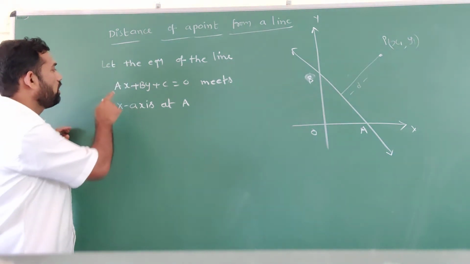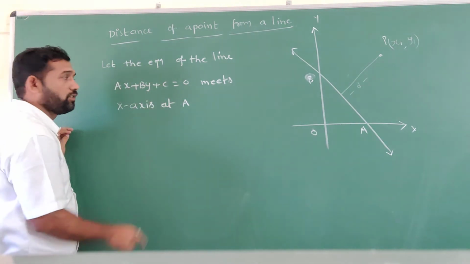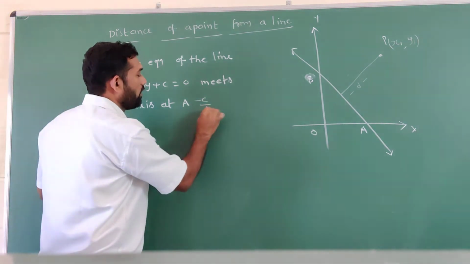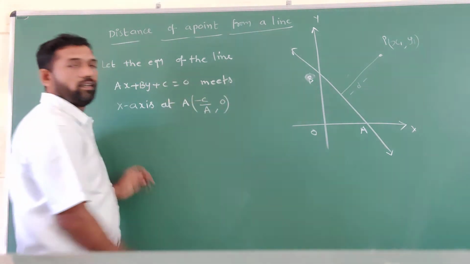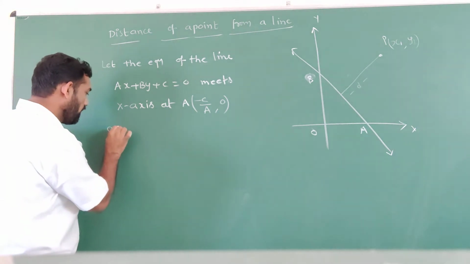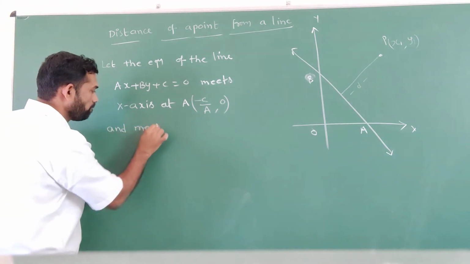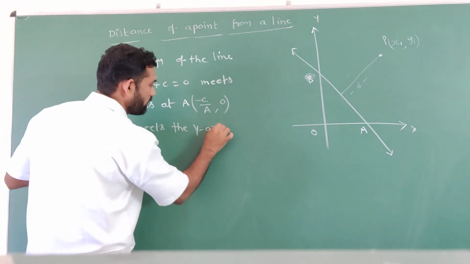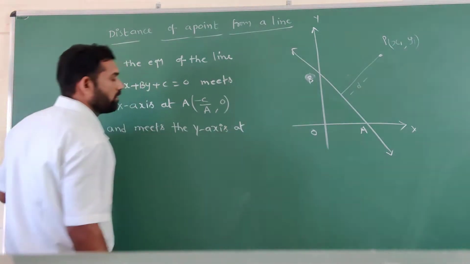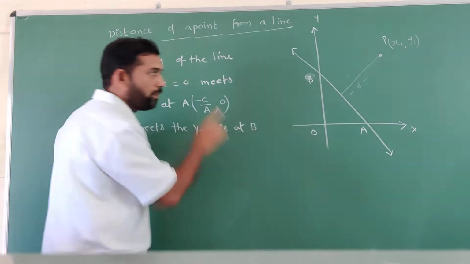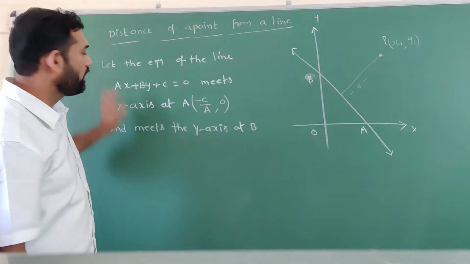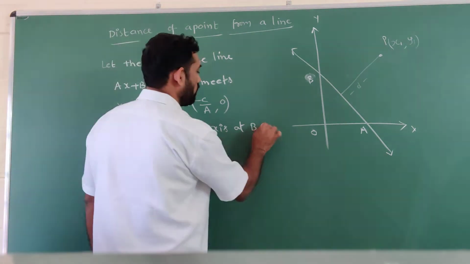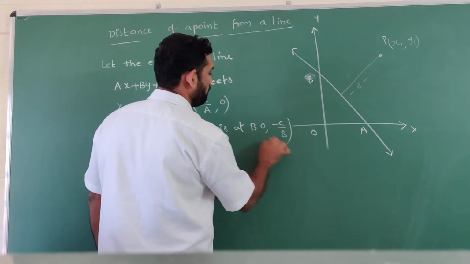What happens? Ax plus c is equal to 0, so the x value is minus c by a, comma 0. And it meets the y-axis at B. For point B, substitute x is equal to 0 in the line equation. What happens? We get 0 comma minus c by b.